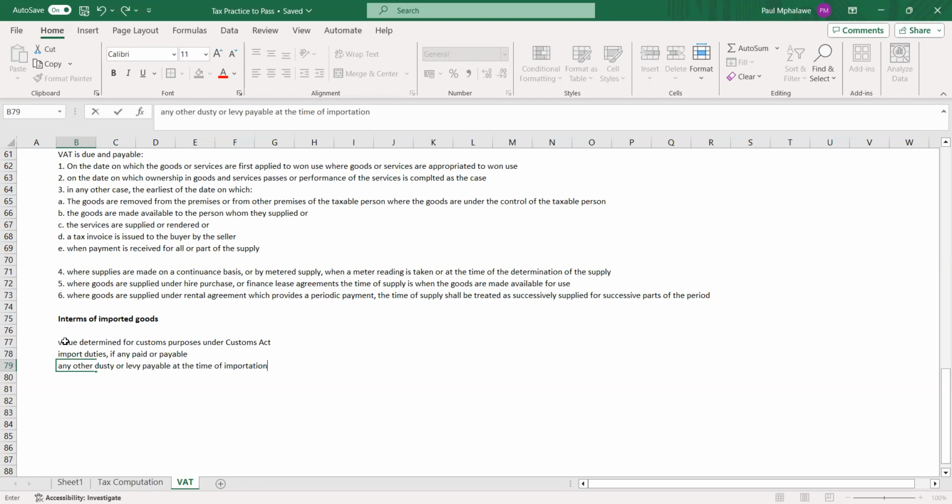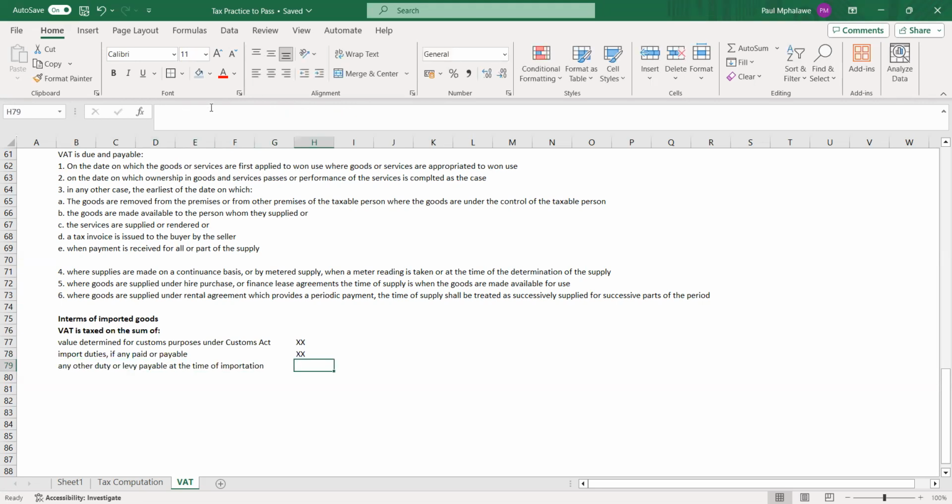so taxable supply of VAT is taxed on the sum of the value determined for customs purposes. Then you have your amount there. Then you take import duties, if any, payable to MRA, you put your amount there. And any other duty or levy payable to MRA on importation, you take there.